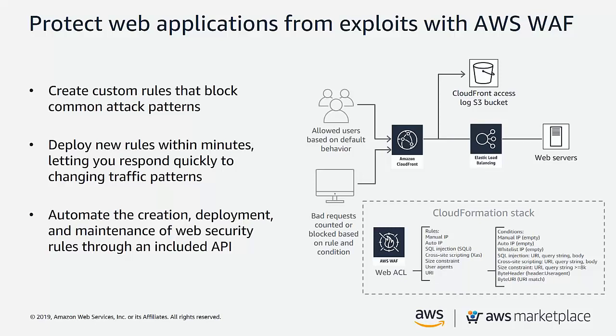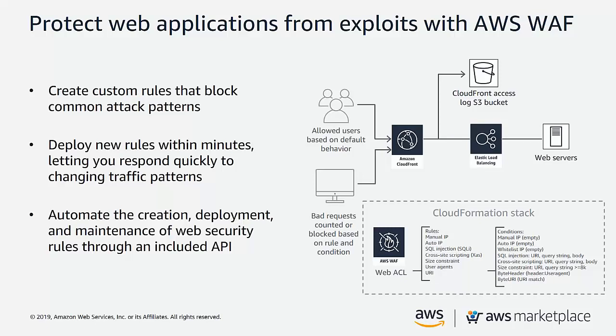Once you've defined these rules, you can deploy them very easily within a couple of minutes, partly because everything's behind an API. So again, thinking about your dev pipeline, you can define application-specific rules that you ship as part of your code and deploy as part of the application into the WAF.